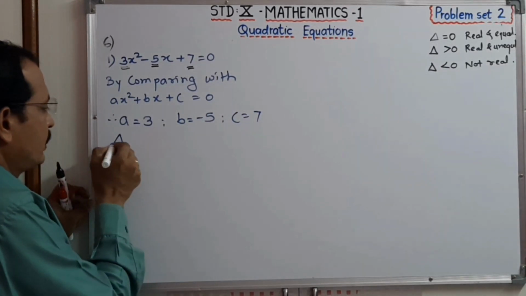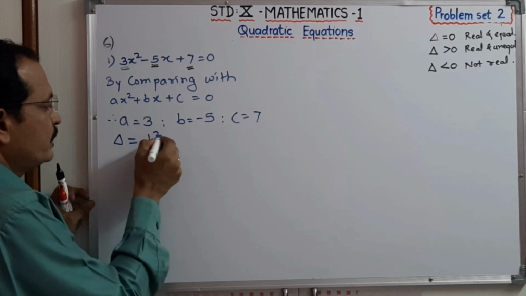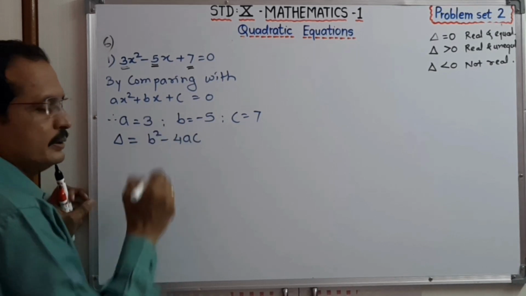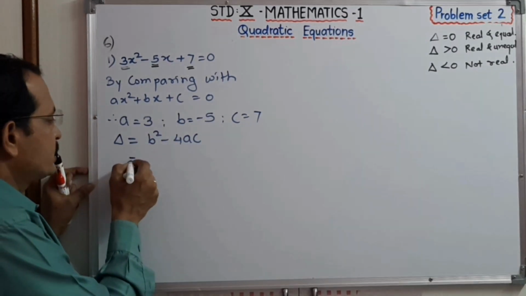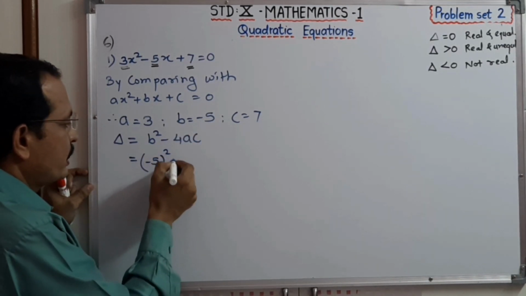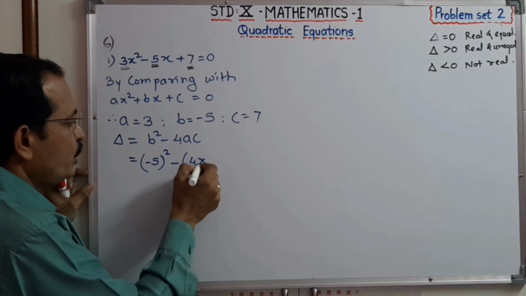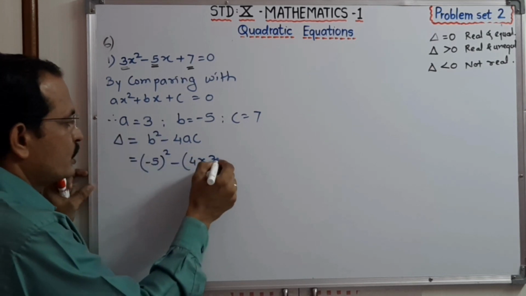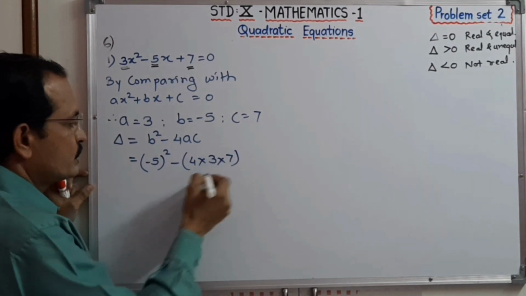Now delta is equal to b square minus 4ac. Now see, value of b is minus 5, square of minus 5 minus 4 into a is equal to 3 and c is equal to 7.